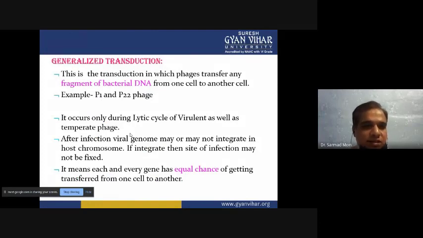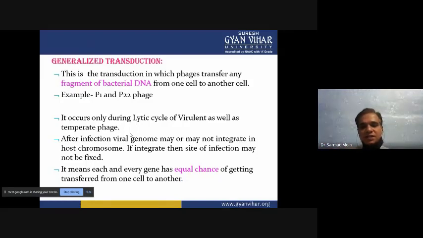Now next is generalized type of transduction. This is the type of transduction where the phage can transfer any type of gene. They are not specifically attaching to a specific position. In the previous example, we saw the bacteriophage genome attaches only at a specific location, cutting in between two genes, and only in between those two genes it integrates.